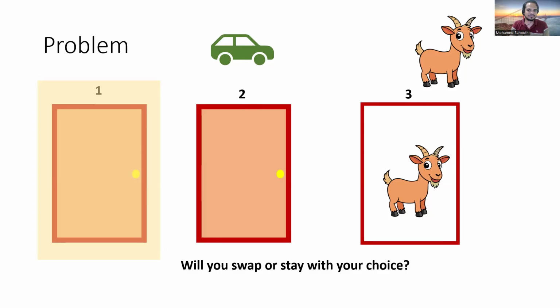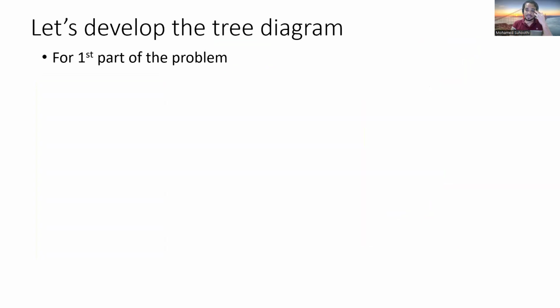That is the question. Now we are going to analyze this problem using our mathematical skills. Which option has a higher chance of winning the prize, staying with your previous choice or swapping the choice? That's what we are going to discuss here. For this, I'm going to use the tree diagram concept.